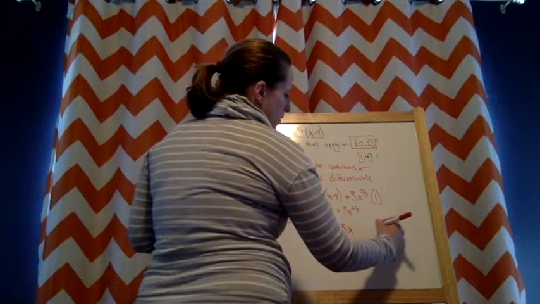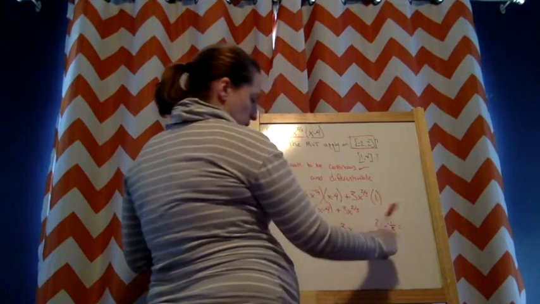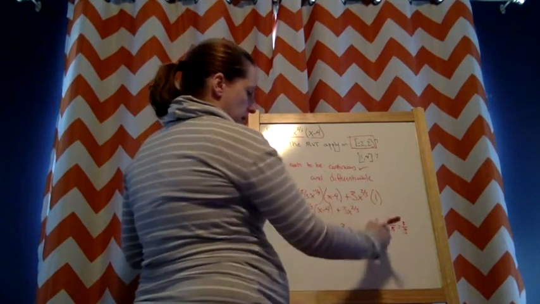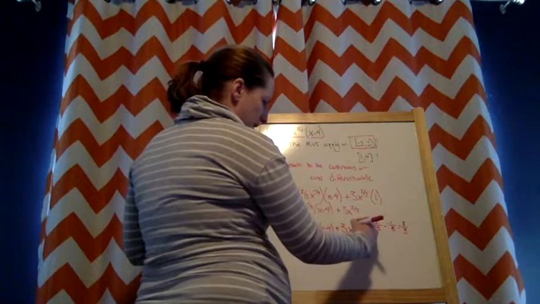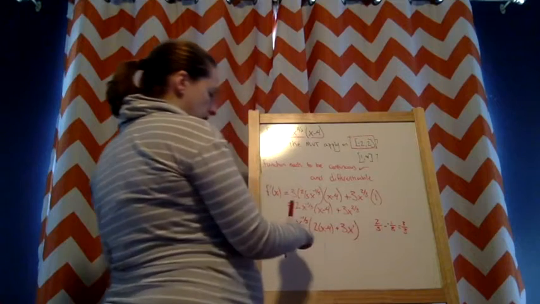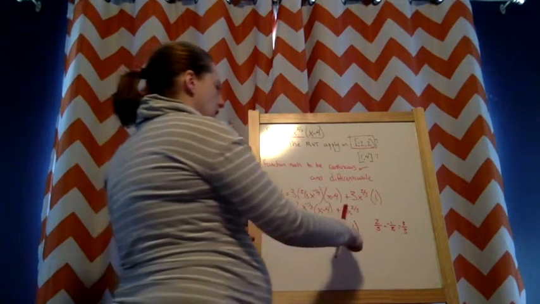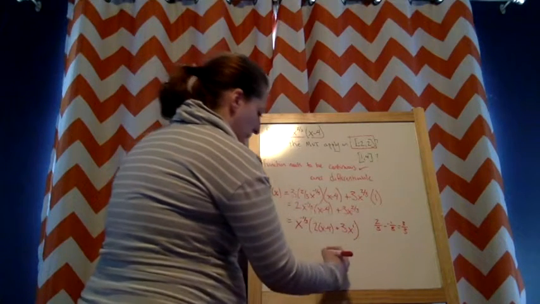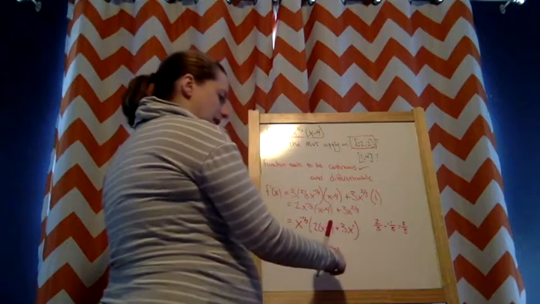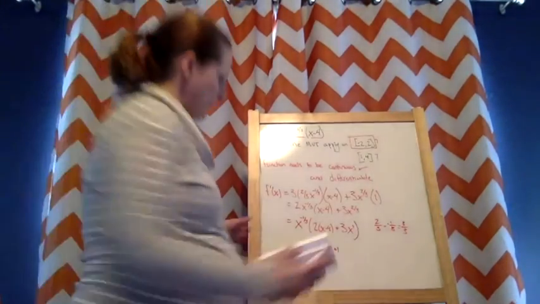So this would be 2/3 minus -1/3. Well, that's 2/3 plus 1/3, which would be 3/3. But x^(3/3) is just 1. Now if you want to check that, we check that by multiplication. When I multiply x^(-1/3) times x^1, that becomes x^(-1/3 + 1). But -1/3 plus 1 gets us back to that 2/3 power.